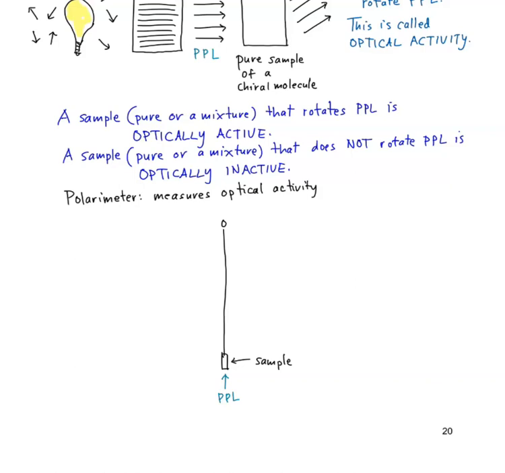From the point of view of this schematic, it can rotate in a positive direction, which is called dextrorotatory, or in a negative direction, which is called levorotatory. So we measure the direction and the magnitude of the rotation of the plane polarized light.